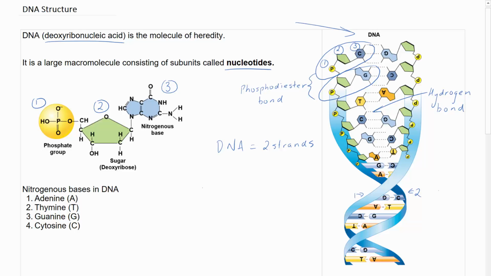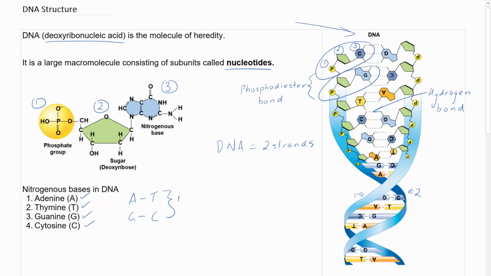There are actually 4 different types of nitrogenous bases in DNA, which are adenine, represented by the letter A, thymine, represented by the letter T, guanine, represented by G, and cytosine, which is represented by C. And in the bonding between the 2 strands of nucleotides in DNA, adenine always pairs with thymine, and guanine always pairs with cytosine.